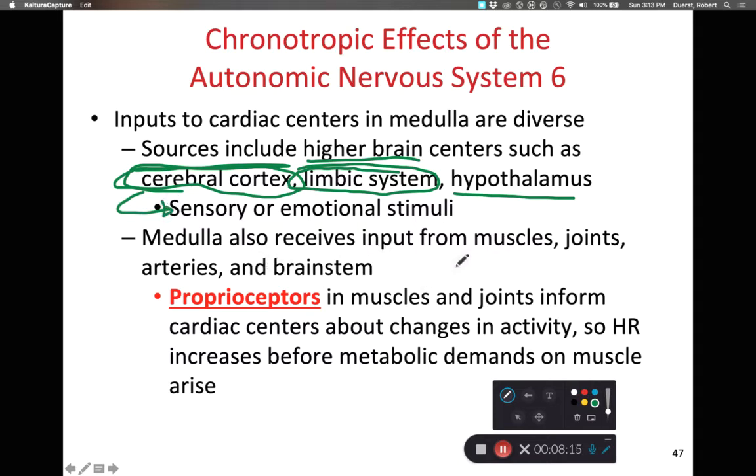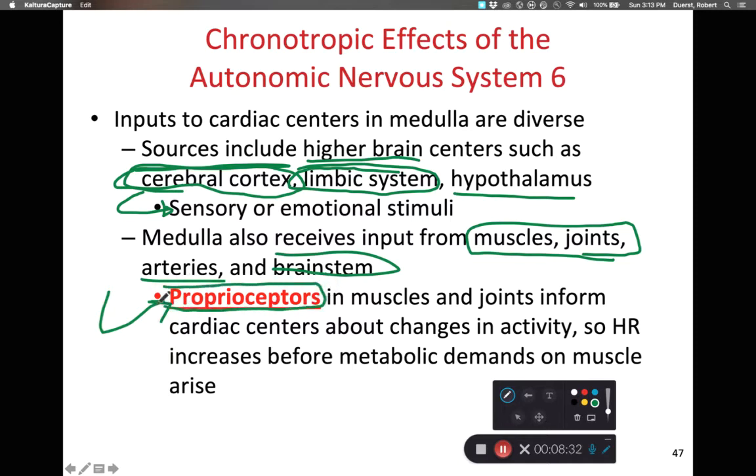Our medulla oblongata is also going to receive information from our musculoskeletal system, our blood vessels, and our brain stem. Particularly as we look at the musculoskeletal system, the muscles and joints, we're going to have a lot of proprioceptors. A proprioceptor is a special kind of sensory receptor that lets us know how our body is oriented in space.